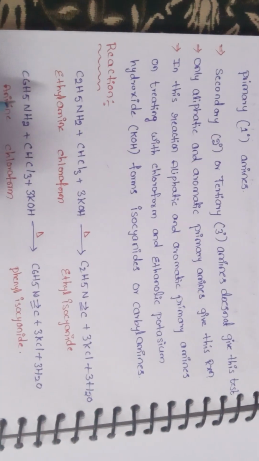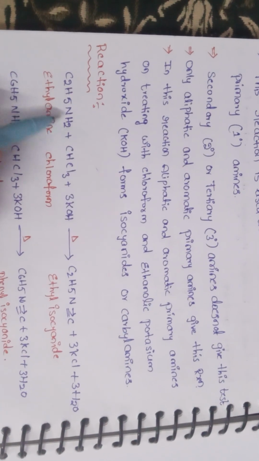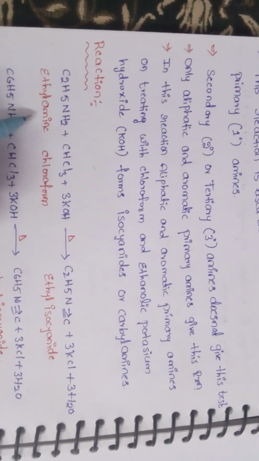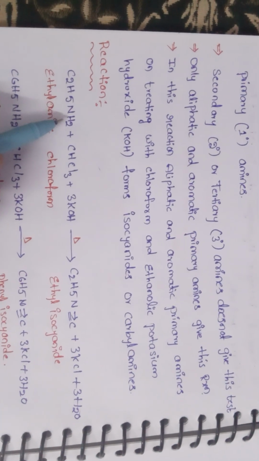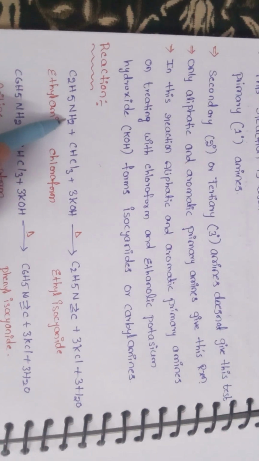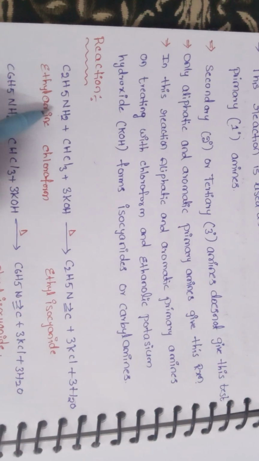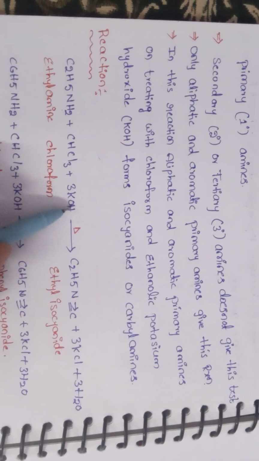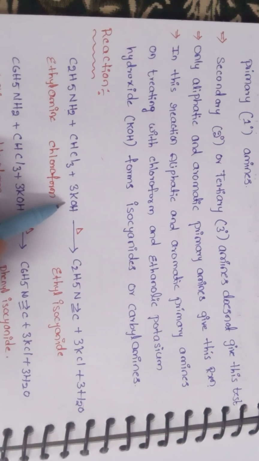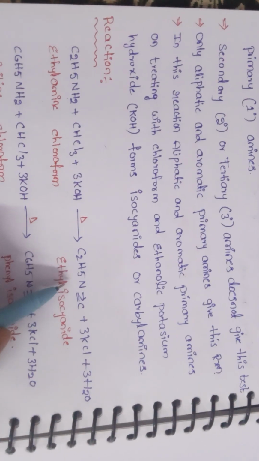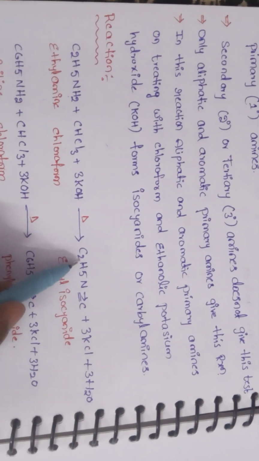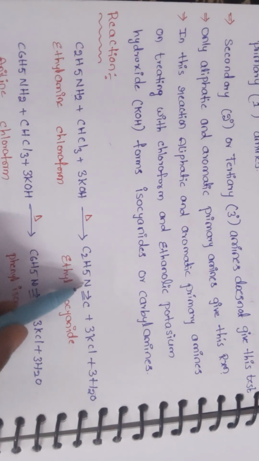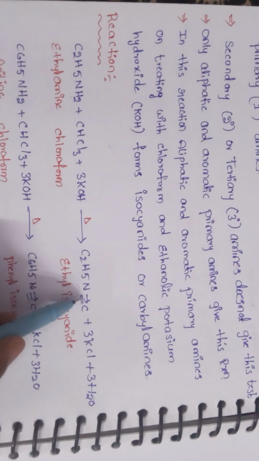So what is the reaction? Ethyl amine, C2H5NH2, is the primary amine, aliphatic. Ethyl amine is reacted with chloroform and KOH, CHCl₃ and KOH. It forms ethyl isocyanide, C2H5N triple bond C. This is the isocyanide formation.